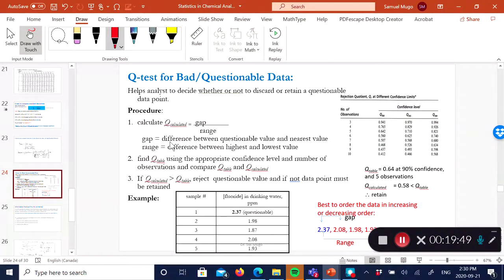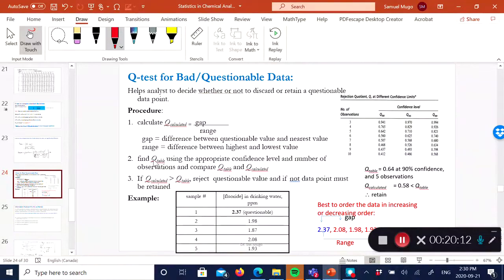And the gap refers to the difference between the questionable value minus the value that is closest to it in magnitude, whereas the range, as the name suggests, refers to the difference between the largest value and the smallest value. And the null hypothesis again is similar.